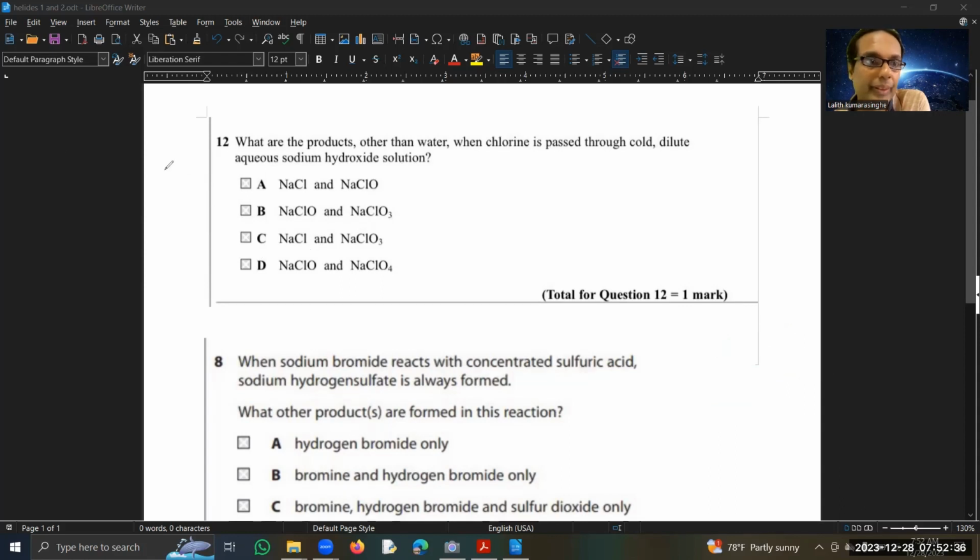Then, please see the first one. This is chlorine with cold water as well as hot water. You must know the reaction of chlorine with cold and hot water.